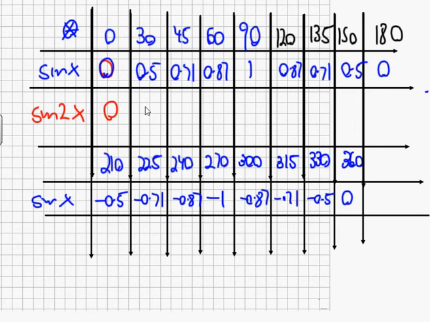0. Then 0.87. After that? 1. 0.87. 0. Minus 0.87. Minus 1. Minus 0.87. 0.